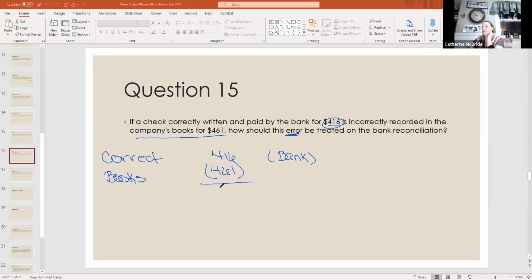So the difference is $45. Now you have to think, okay, am I high or am I low? Well, I deducted $461 on my books, but I should have deducted $416. So I deducted $45 too much.